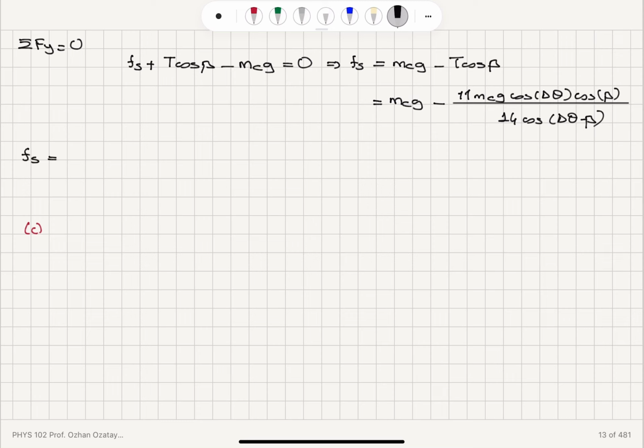I have mcg times 14 cosine delta theta minus beta minus 11 cosine delta theta cosine beta divided by 14 cosine delta theta minus beta.